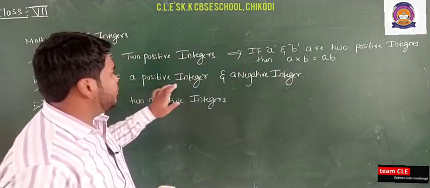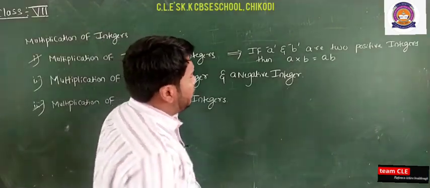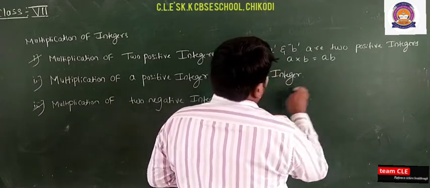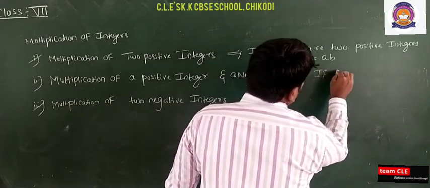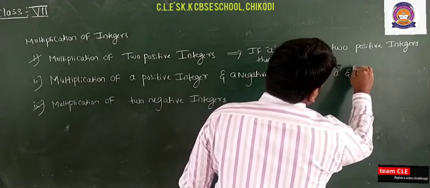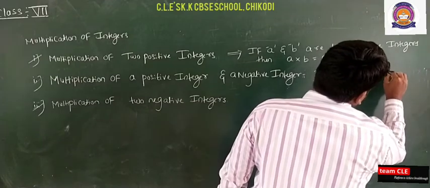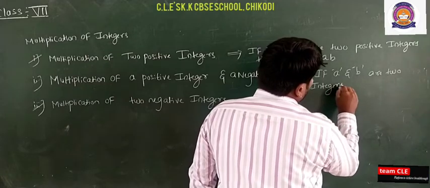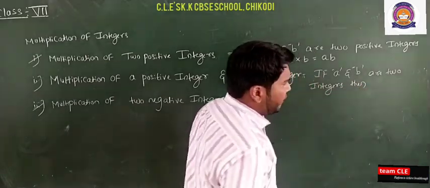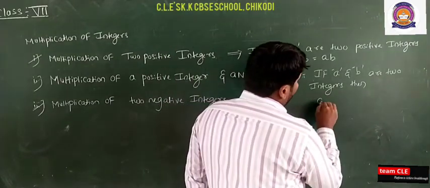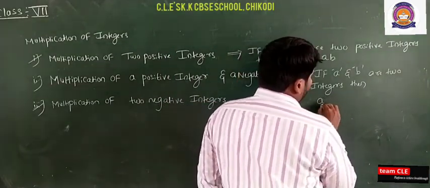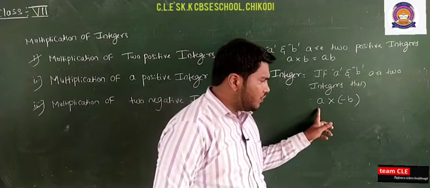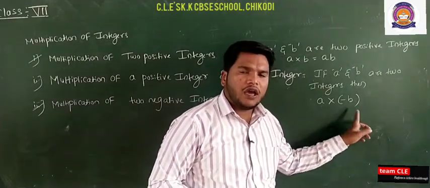Next, let us go through the multiplication of a positive integer and a negative integer. If a and b are two integers, I choose a as a positive integer and b as a negative integer.